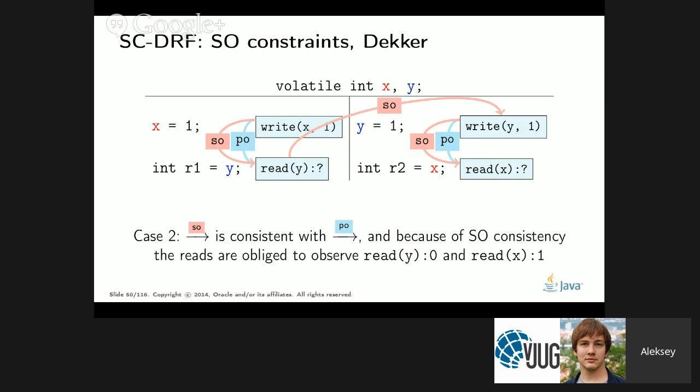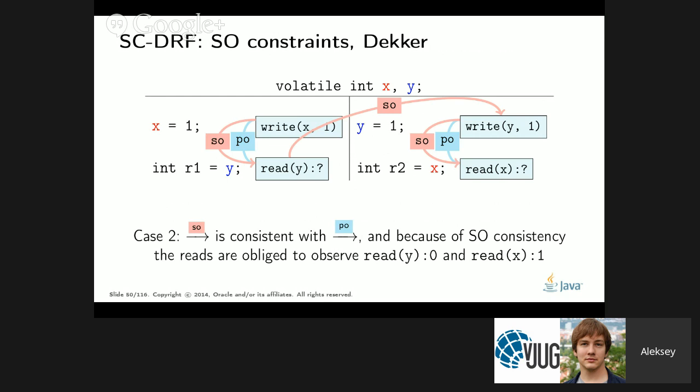Let's try another thing. Can I put the synchronization order like that? Yes, you can, the slide says you can. And synchronization order is now consistent with program order. Synchronization order consistency, which is the third rule on the slide, says that the reads of particular locations should observe the latest write to that location.